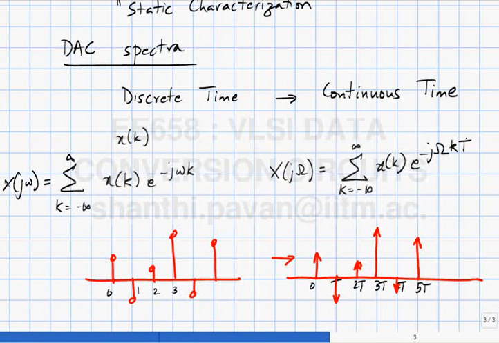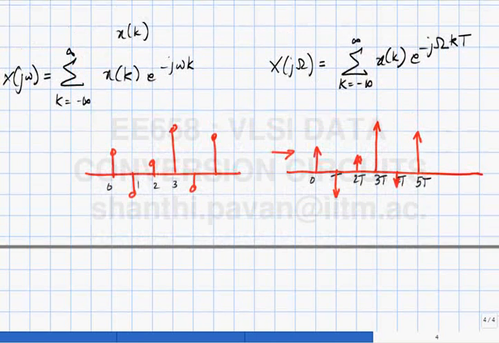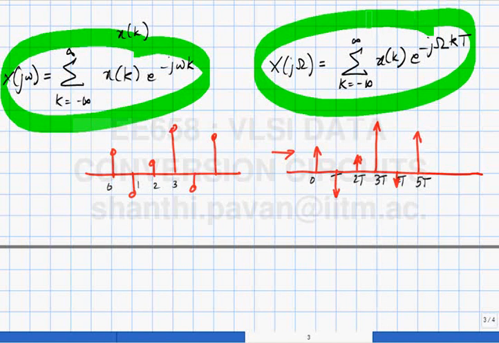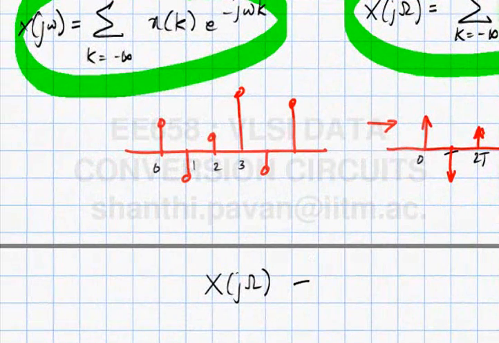Now, from these two relations, this and this, what do you see? So, x of j capital omega is nothing but, whatever, what am I getting?